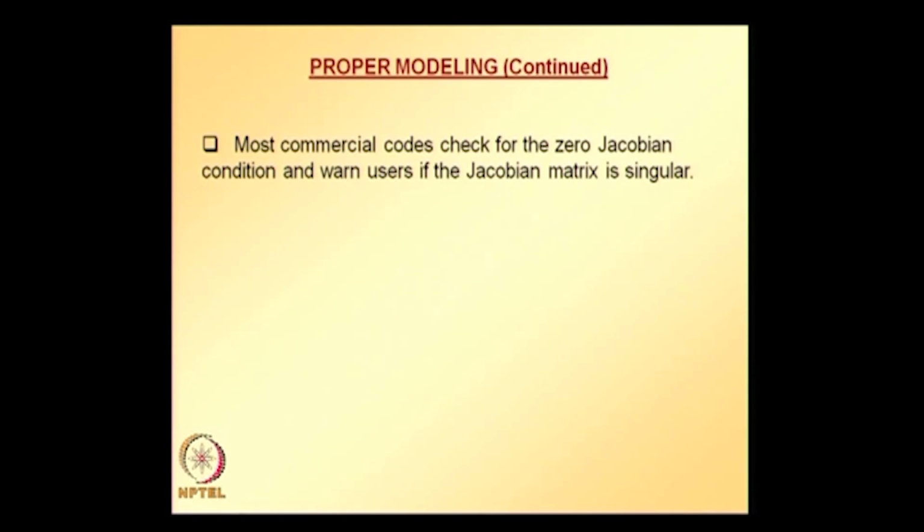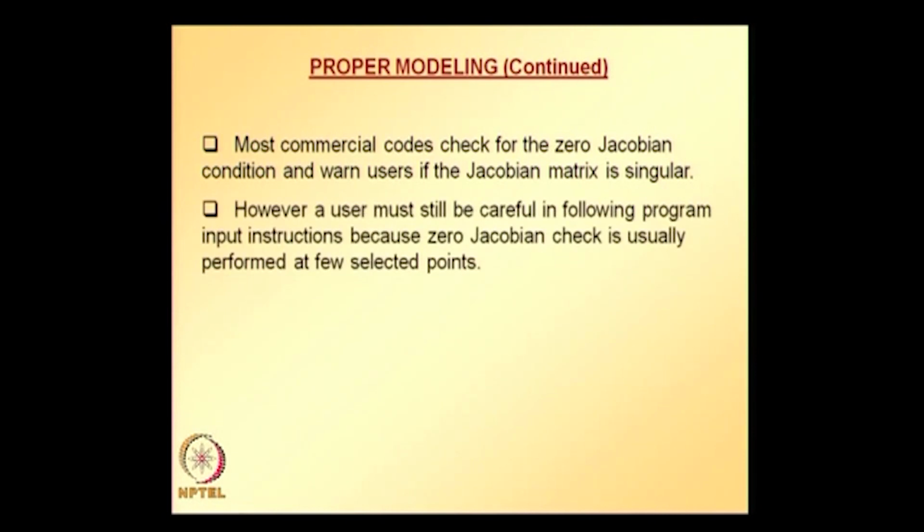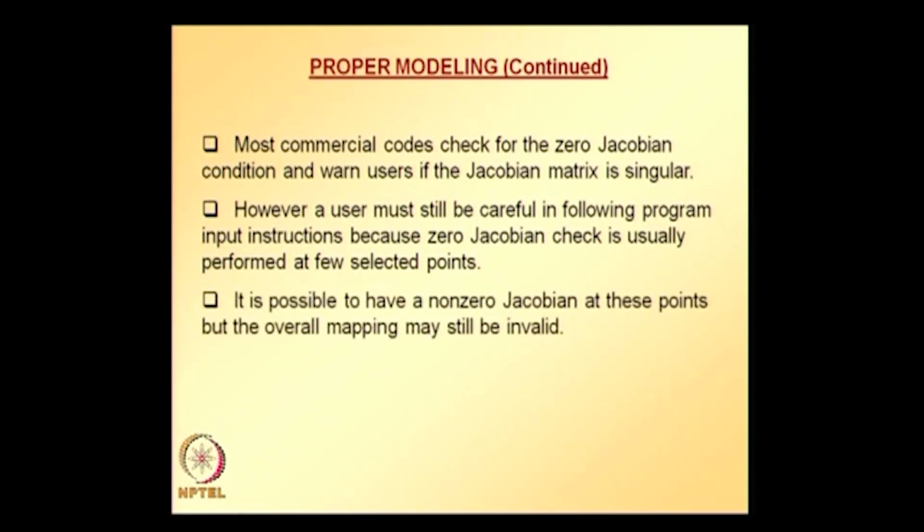Most commercial codes check for zero Jacobian condition and warn the user if the Jacobian matrix is singular, but this checking that commercial software does is only at a few selected points. However, a user must still be careful in following program input instructions, because the zero Jacobian check is usually performed at few selected points.